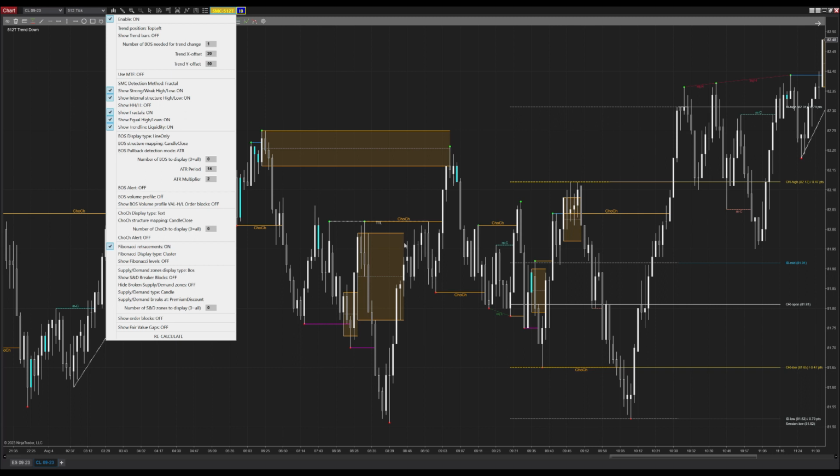Same thing here. Once we get into the premium, it's just going to stop drawing it. The idea being this is now mitigated, so it wouldn't have the same impact if it were revisited a second time.